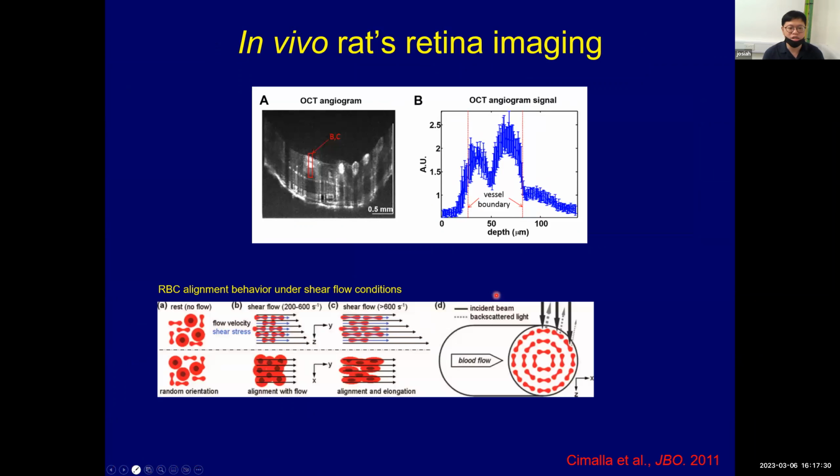This is just some retina imaging we obtained using the REX, and you can see that generally the blood vessels are very bright because they are highly scattering and absorptive. But I just want to highlight that the red blood cells are aligned to each other when they flow through at different speeds here.